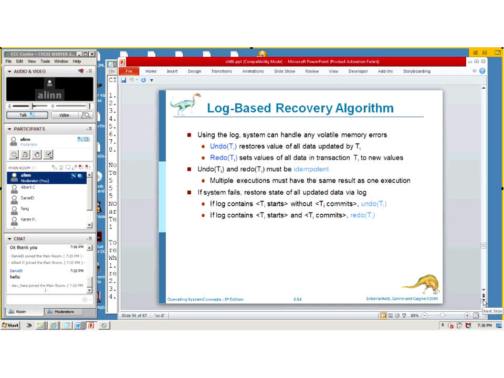Really tough to do recovery stuff. If you've ever written any programs that you try to restart, let's say a payroll program, something like that would be kind of difficult to restart. Because some checks were written, some checks weren't written.